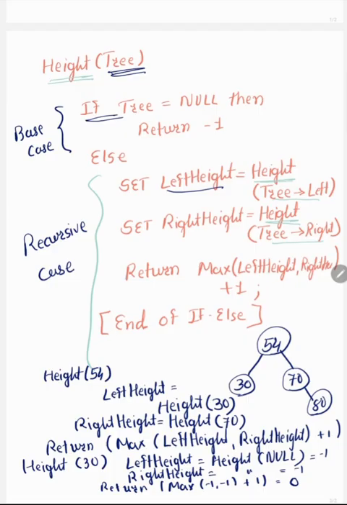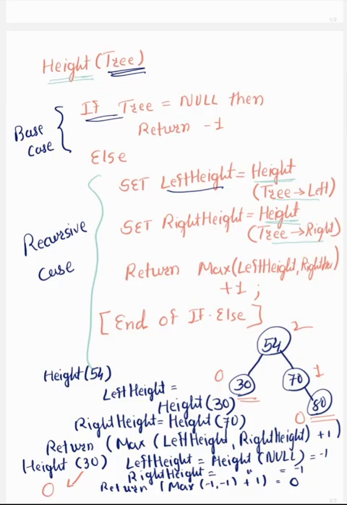So it will return the height of 30 as 0. Similarly you can find for 80, that will also be 0. This will become 1, and the maximum of this will become 2. So this is a very basic thing and it's very important.